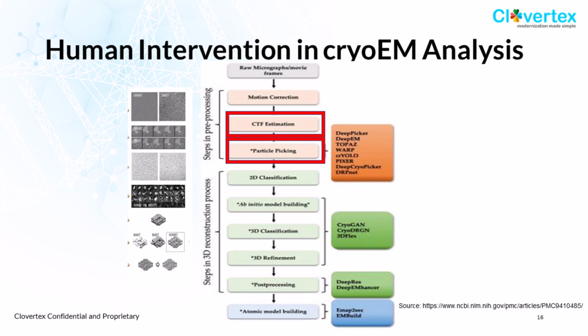The other one is post-processing and also atomic modeling. Especially for atomic modeling, I think Dr. Kihara will cover the story about his effort of developing these algorithms using deep learning methodology. Next, please.